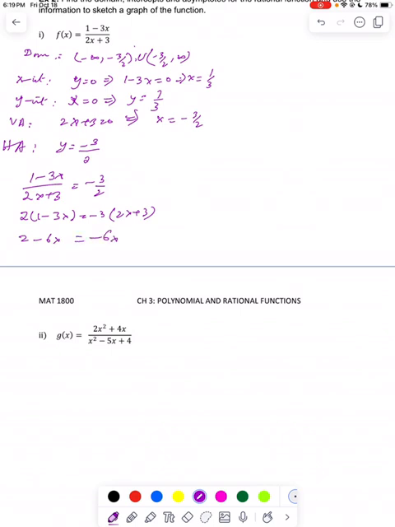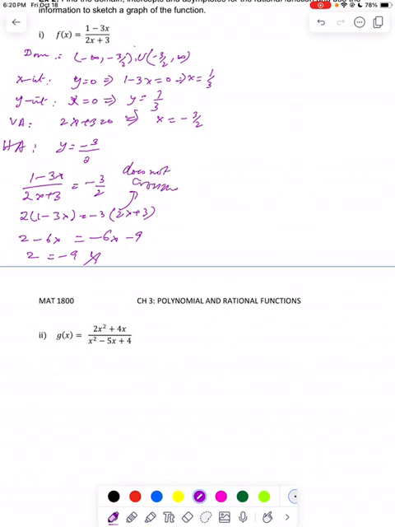We add 6x on both sides, so we end up getting 2 equal to -9. This is not true, so no solution. So it means the graph does not cross the HA.